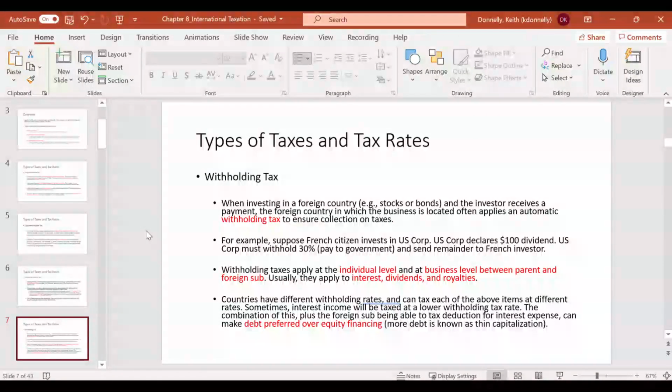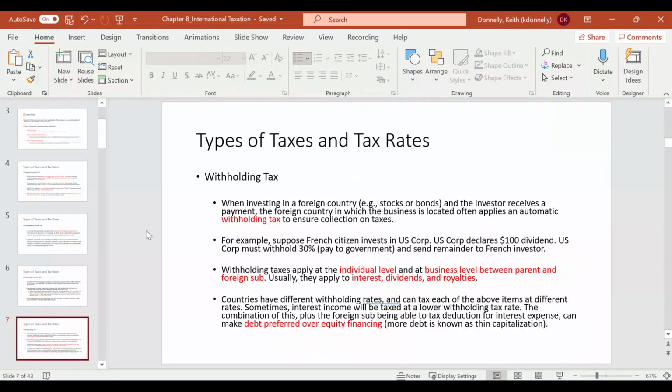The U.S. corporation declares a $100 dividend. What will happen is the United States will say, hey, anytime we have this setup, right, where we have a foreign investor investing in one of our businesses, when you, a U.S.-based business, make a payment to them, you have to apply a withholding tax automatically. And we're going to, in this case, apply a 30% withholding tax.